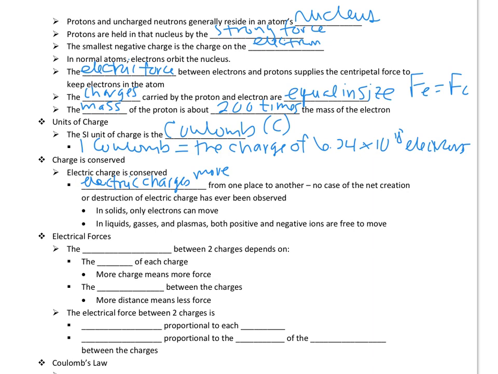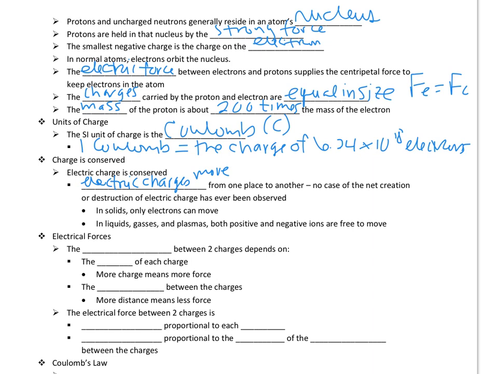So in other words, just like energy is conserved, energy can't be created or destroyed, same idea with charge. Charge cannot be created or destroyed, it's just going to move. In solids, only electrons move. In liquids, gases, or plasmas, both positive and negative ions are free to move. So solids are more rigid, that's why only the electrons are able to move. Liquids, gases, plasmas have more freedom for the particles inside of them.